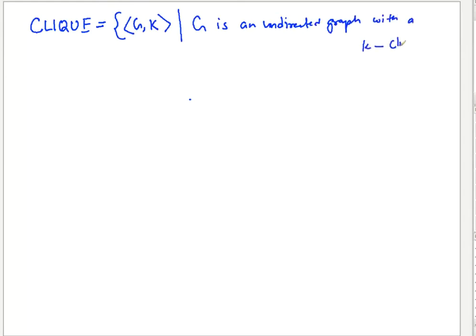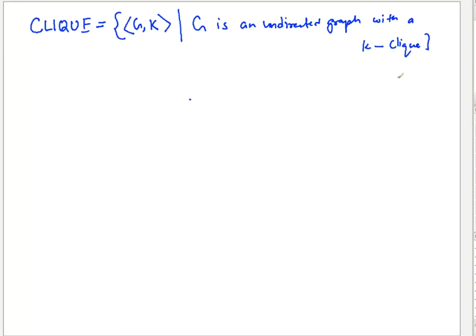Clique is nothing but you are given a graph G and some value K, and you have to check whether G is an undirected graph with a K-clique. A clique is a subset of K nodes in the graph which are all pairwise connected to each other.